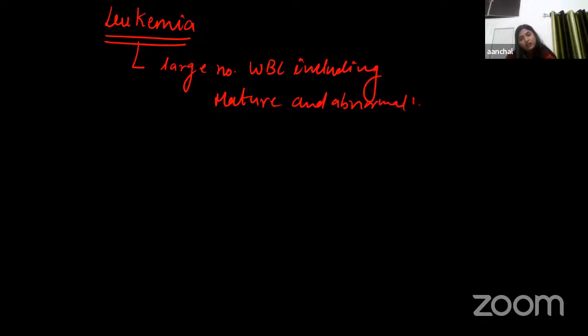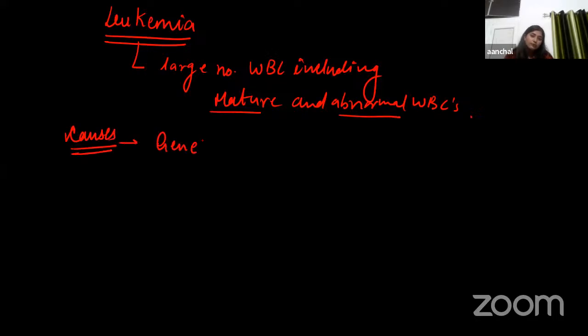So there will be accumulation of both types of WBC inside the body, mature as well as abnormal, and the cause of this leukemia is majorly genetic mutation of DNA in bone marrow cells. Always remember.